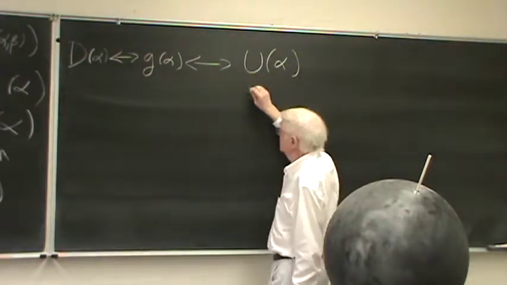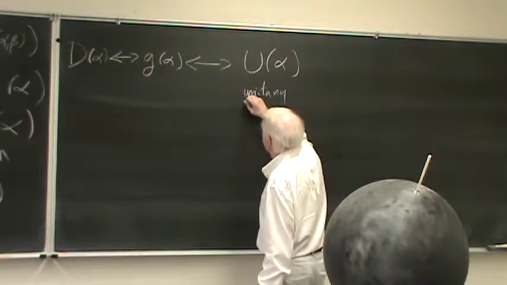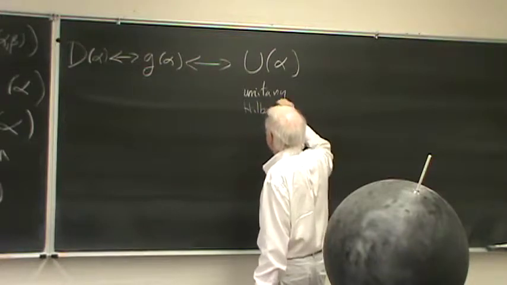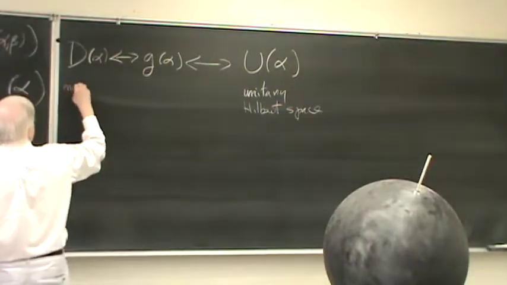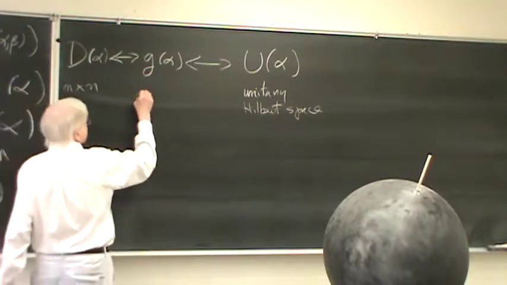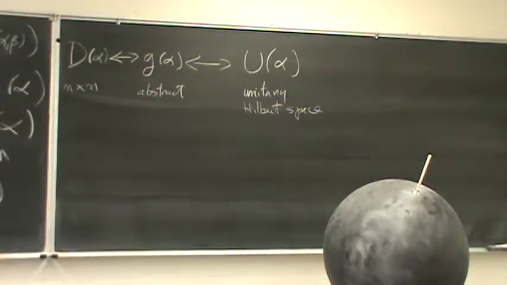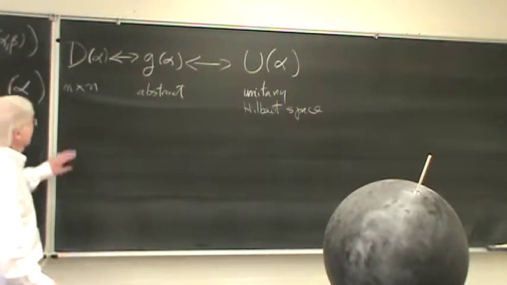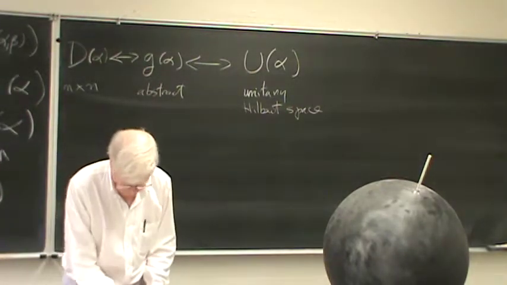So this is unitary, and this is in Hilbert space. This is n by n, and it's unitary when the group is compact, not unitary when it isn't, and this is abstract math. So the G's are only on the abstract side. Here we deal with the matrices and the unitary operators.